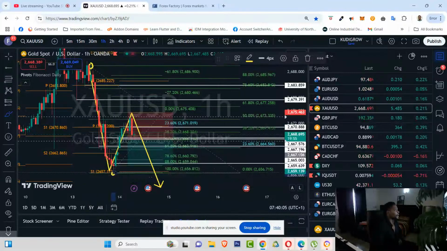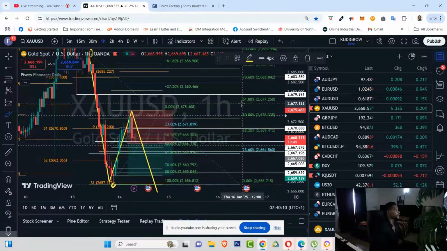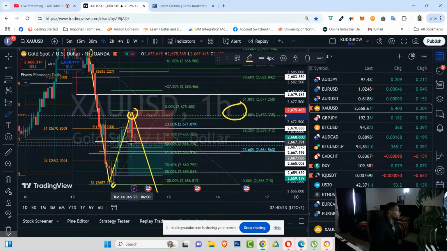You will agree with me that when the market moved up, now look at the golden zone here. This is the golden zone of this end. And you will agree that it has dipped inside the golden zone. So I believe that once the candle breaks the low of this 1 hour, we are getting a free fall to the downside.